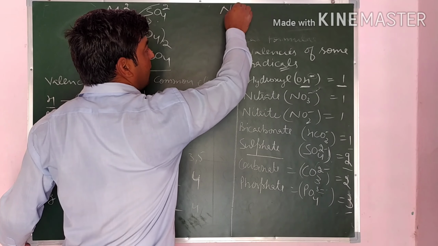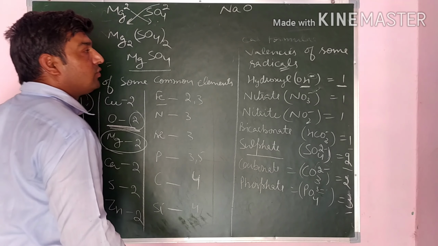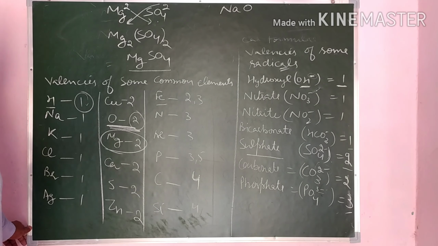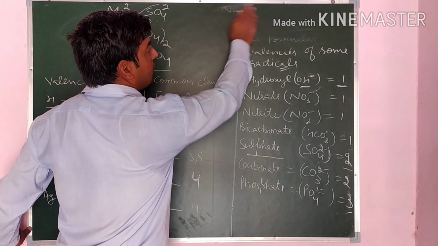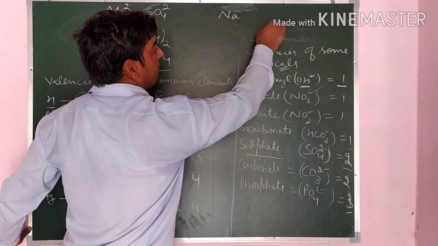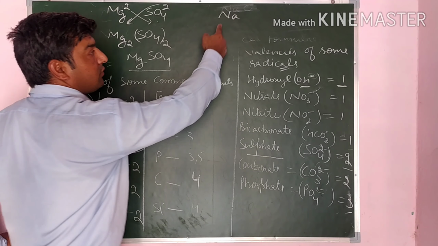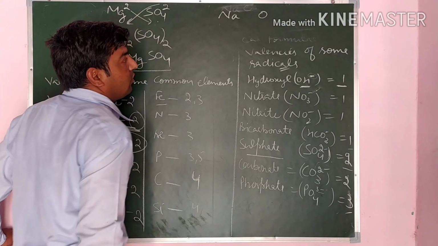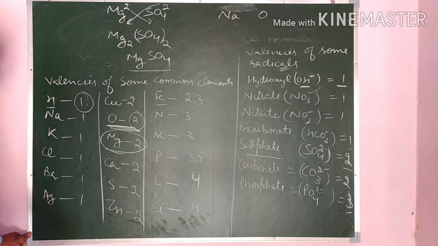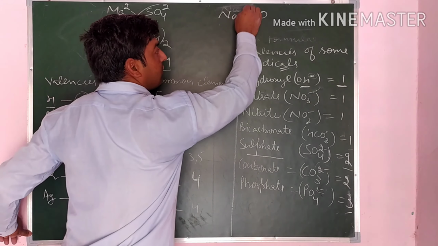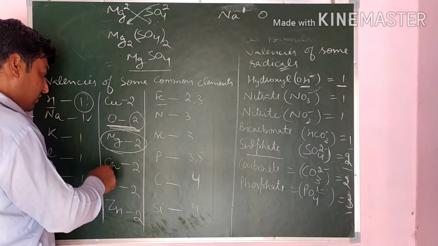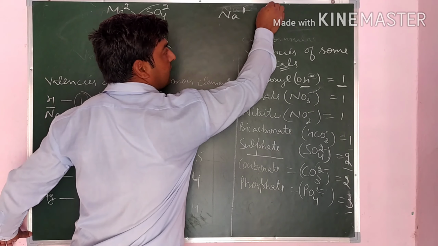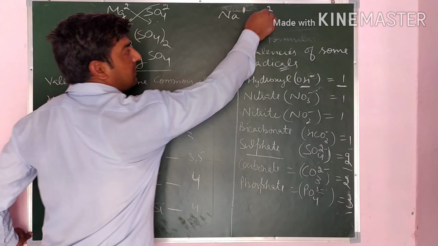Similarly, sodium oxide. Sodium oxide is formed from sodium and oxygen. The symbol of sodium is Na and the symbol of oxygen is O. We know the valency of sodium is 1, so take 1 here, and the valency of oxygen is 2, so here is 2. Now cross multiply.